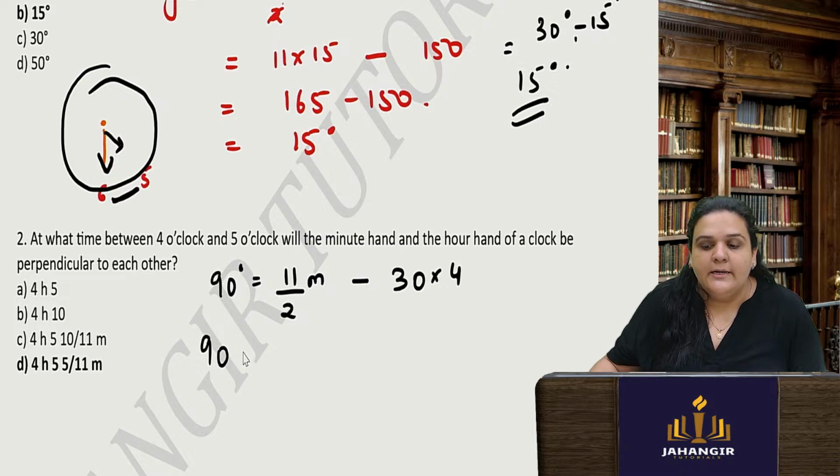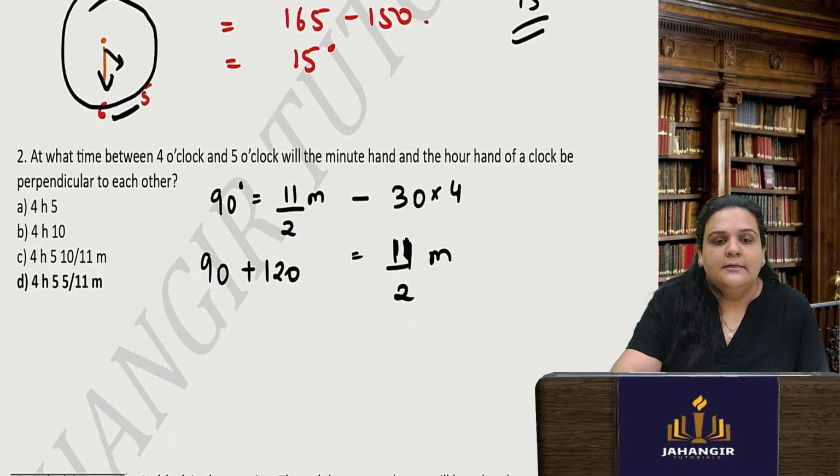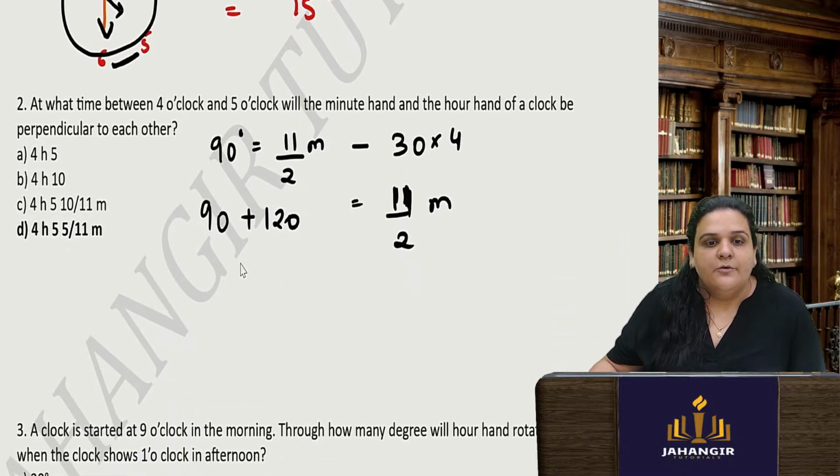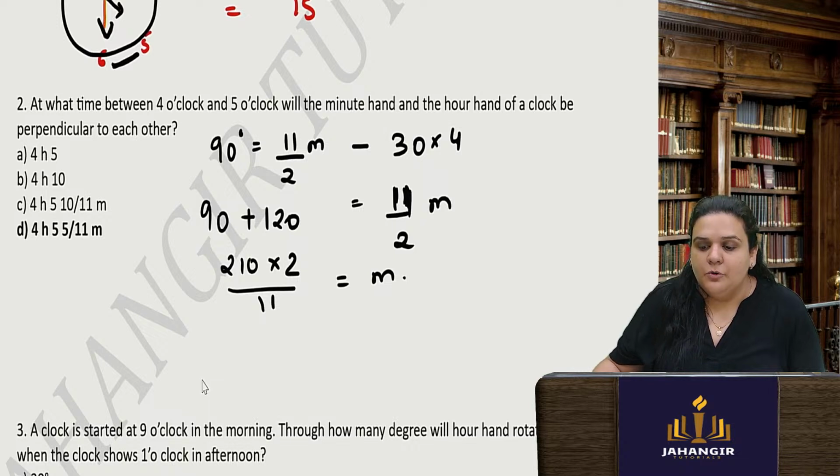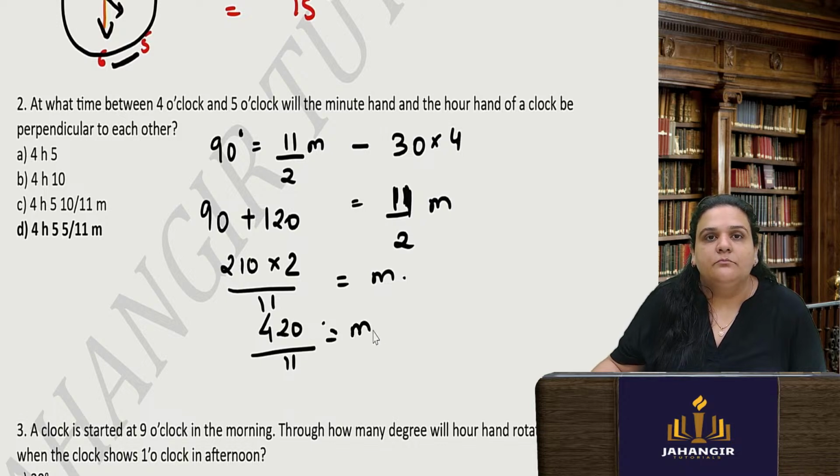So it has to be 30 into 4. 3 4s are 120. So this will become addition over here. Okay. 11 upon 2 m. Right? This is now going to be 210 into 2 upon 11 m. Now 210 into 2 is 420 upon 11 m.